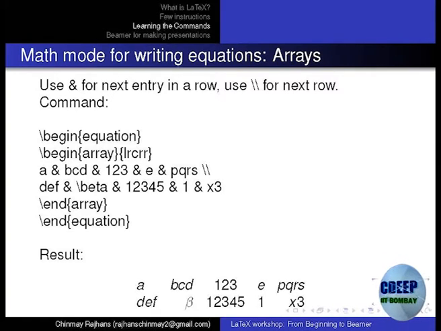If you have noticed, the first column has come left aligned in the output, second is right aligned, third is center, fourth is right aligned, fifth is right aligned. The number of alignment characters should be equal to the number of ands plus 1, the number of columns. LCR is just 3 characters, you can make as many combinations, like all center, all right, everything you can do. This is just one example, just try this.